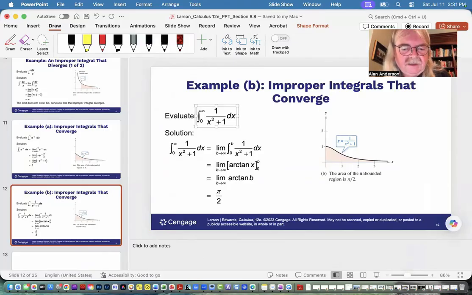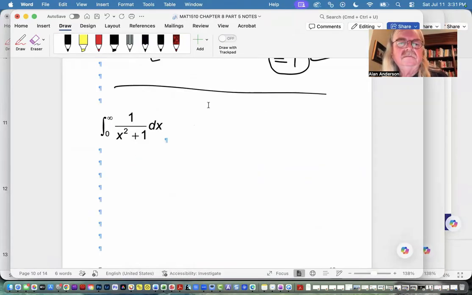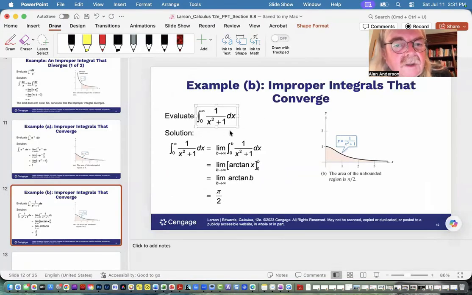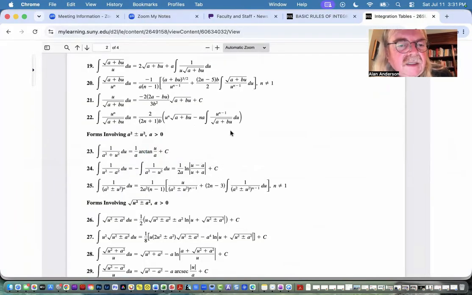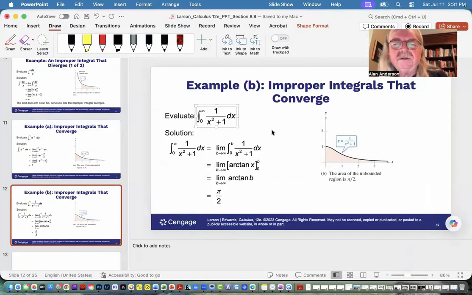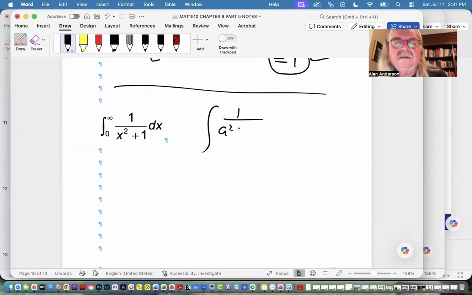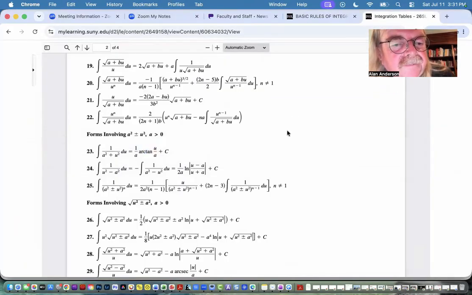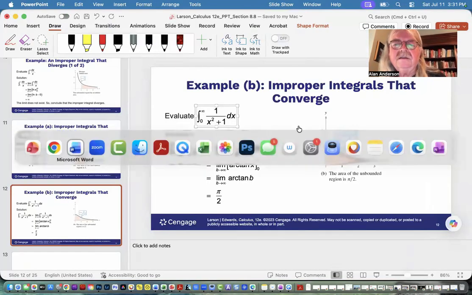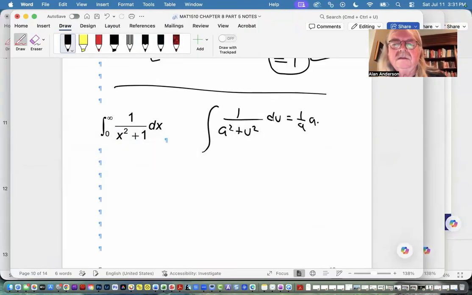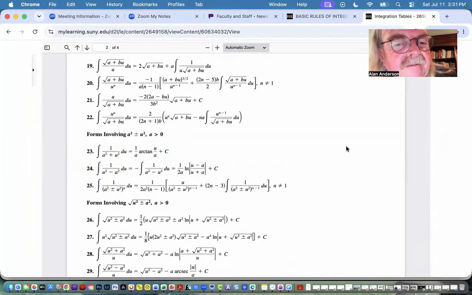All right, let's write this down. So, 1 over a squared plus u squared du equals 1 over a arctan of u over a plus c. Yep, that's it.